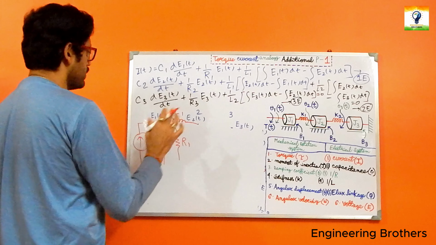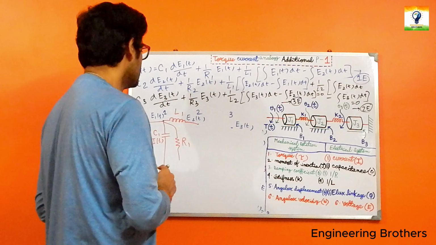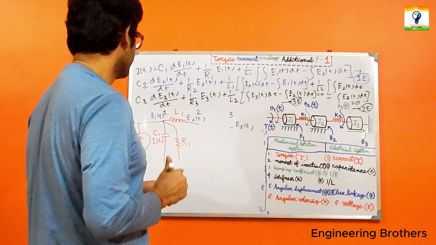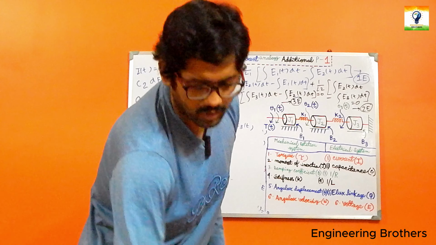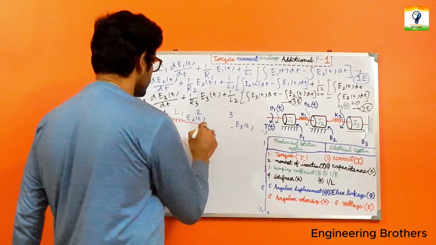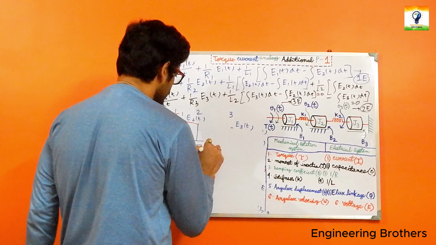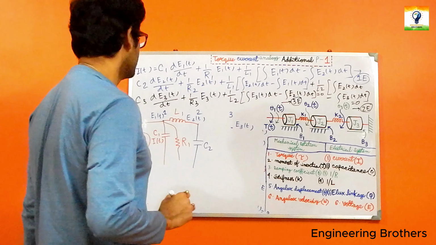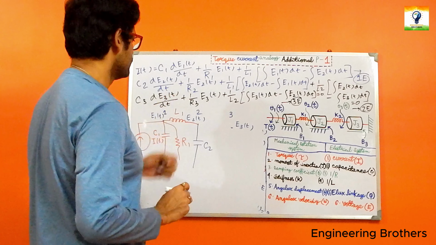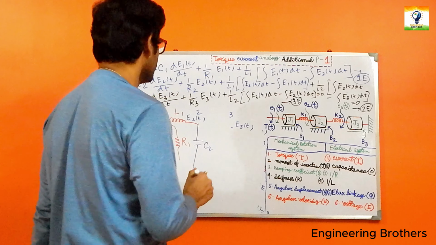Similarly, from our equation 1 we have got this connection diagram, and for our equation 2 we have at the voltage E2 the capacitor C2 connected over here. So let us include the capacitor C2, and another resistor that is connected at the voltage of E2(t).